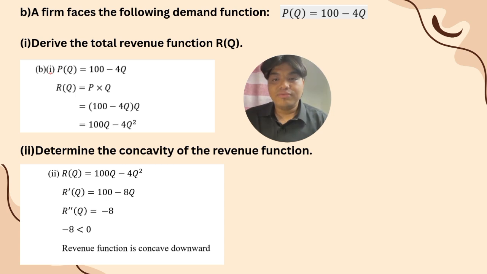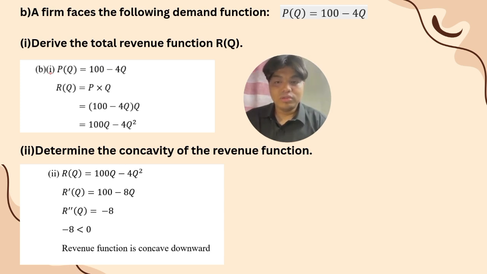The question given: a firm faces the following demand function, which is P(Q) equals 100 minus 4Q. Question 1. Derive the total revenue function R(Q). Since the price depends on quantity and is given by P(Q) equals 100 minus 4Q, we substitute the price into the revenue formula.